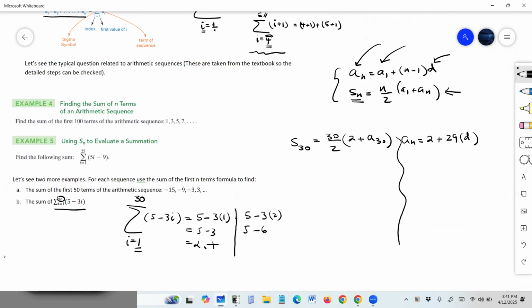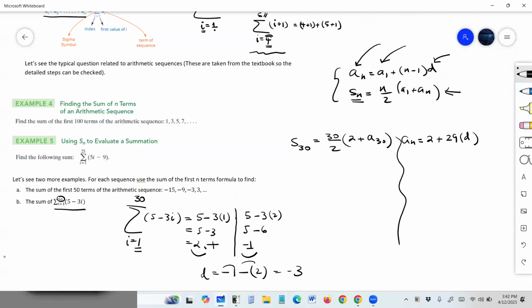So 5 minus 6, which is obviously negative 1. Okay, so I'm going from 2 to negative 1. So the common difference would be the current term minus the previous. This is negative 1 minus 2, obviously negative 3. Okay, the sequence is decreasing.